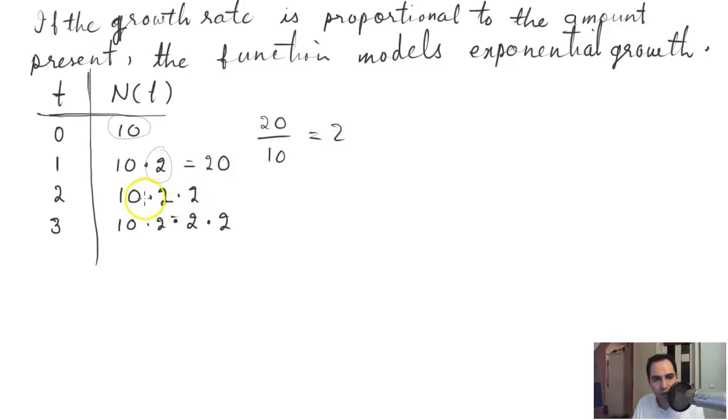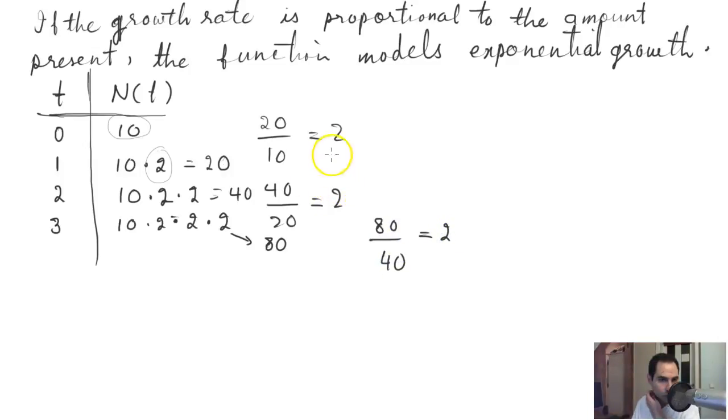Again, here you get 40, and 40 by 20 you get 2. Here you get 80, and 80 divided by 40 is equal to 2. In other words, every output of the function is being multiplied by 2, and the next output is generated in that way. That's the meaning of that.